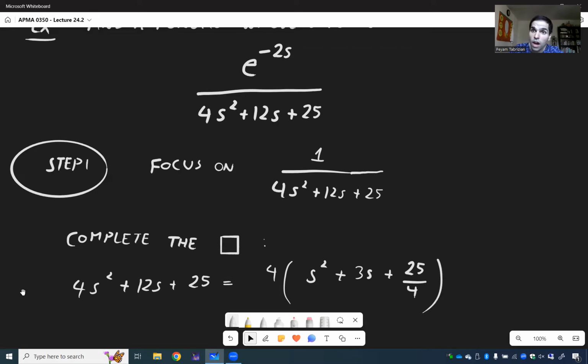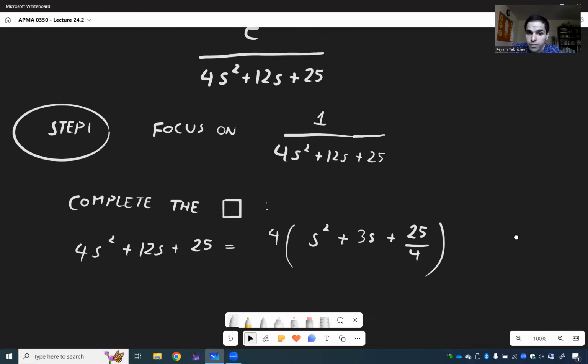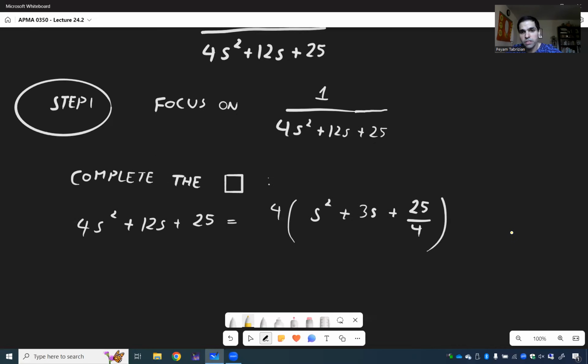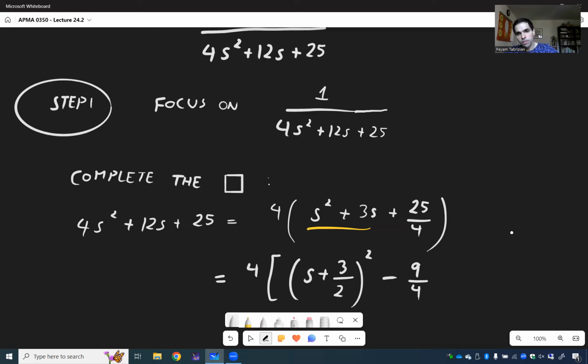And then remember how to complete the square. With s squared plus 3s, you do s plus half of that. So 4 times, in this case, s plus half of 3, 3 halves, squared, and you subtract 3 halves squared. So minus 9 fourths plus 25 fourths.